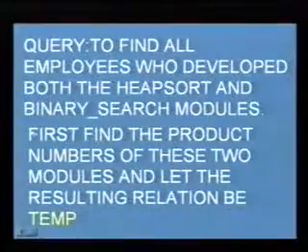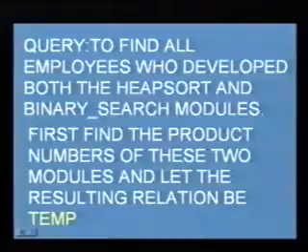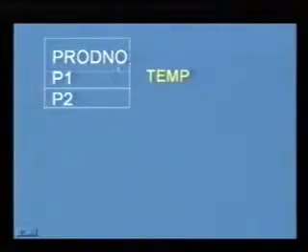First, we will find the product numbers of these two modules and let the resulting relation be temp. That is like this. The product number for heap sort is P1 and for binary search is P2. Thus, the temp relation will contain the information product number P1, P2.